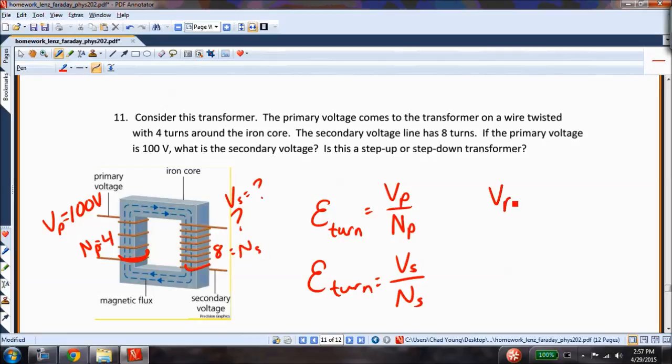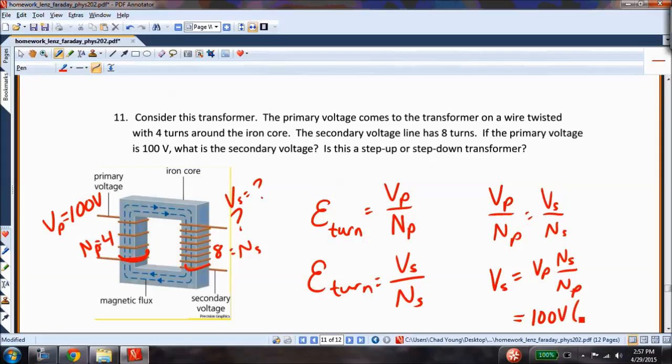So I get VP over NP equals VS over NS, and here I'm looking for the secondary voltage, so VS is equal to VP times NS over NP. So that's going to be VP, which is 100 volts.